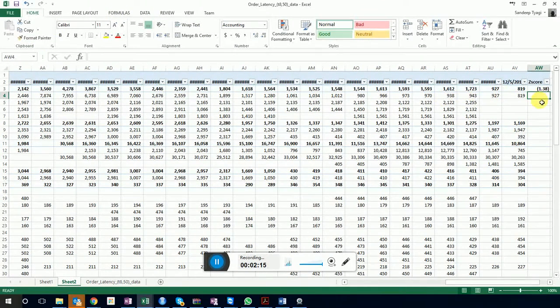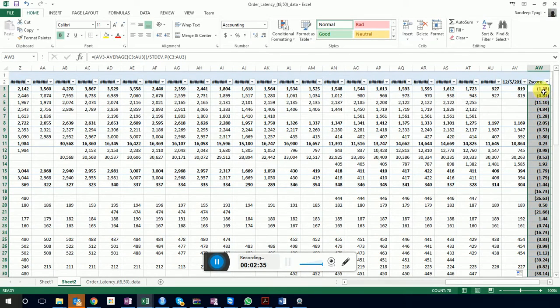Now this 1.38, or negative 1.38, the way to understand it is 819 is 1.3 standard deviations below the average of the historical numbers, which means it's lower than what it normally is.